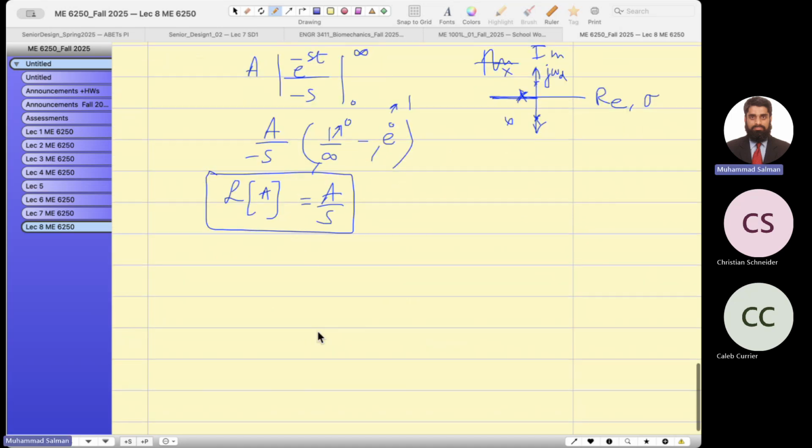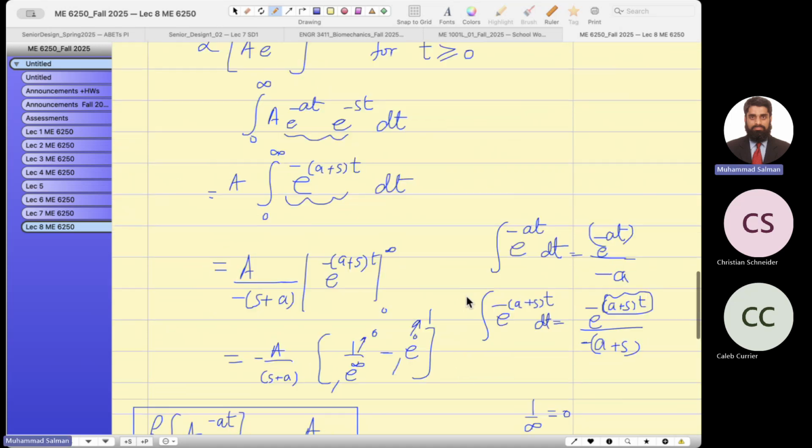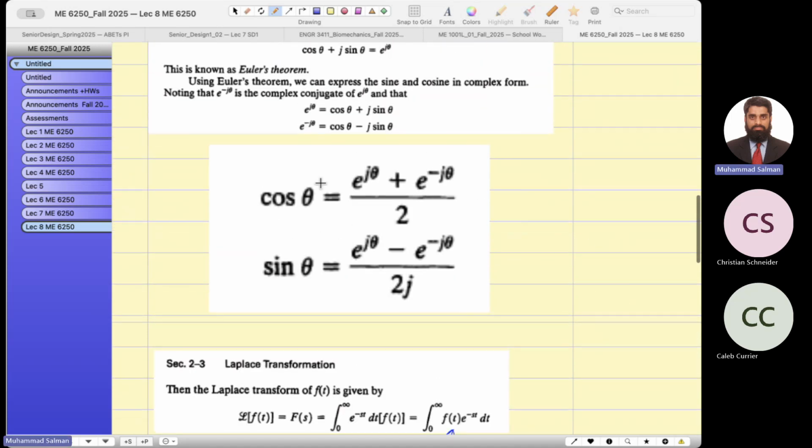So let's do one more example. Laplace transform of a sine omega t. The way I'm going to solve this, I'm going to apply it to this formula. I just wrote down this formula earlier. It is easy to write down in terms of exponent e to the j theta.